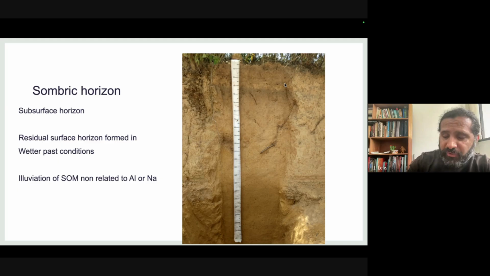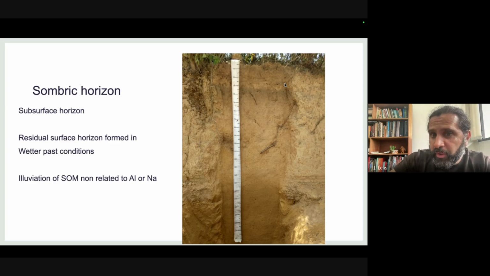The addition of organic carbon is less than before, and we could register even some erosion of this surface horizon, and also some microbiological activity that could decrease the content of organic carbon, because now we have less addition of organic matter, and the microbiological activity can destroy some of this organic matter.